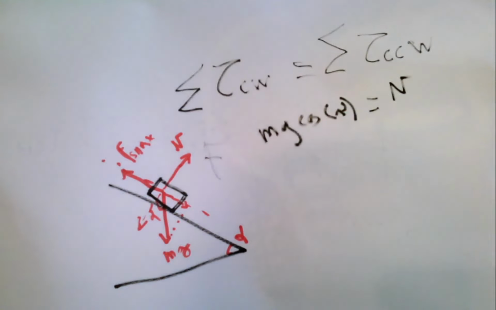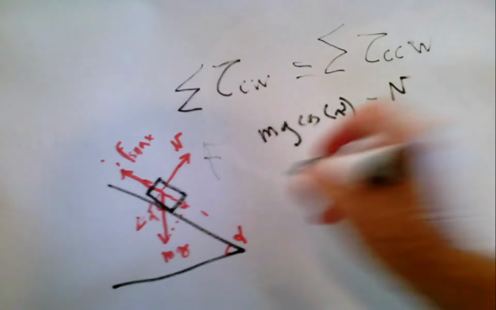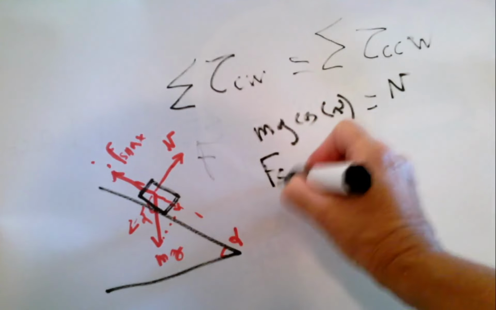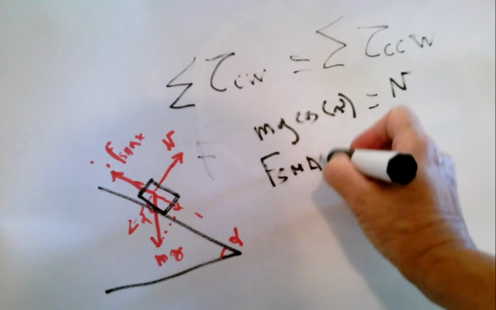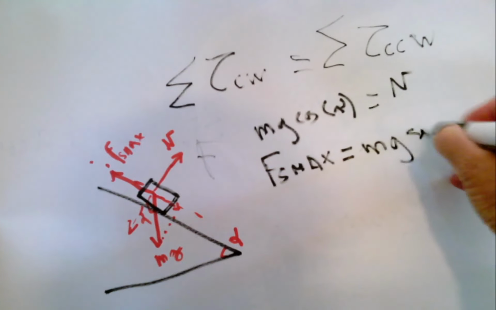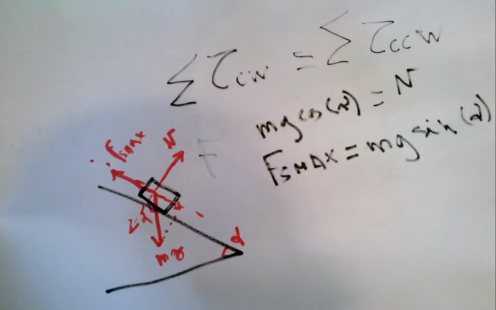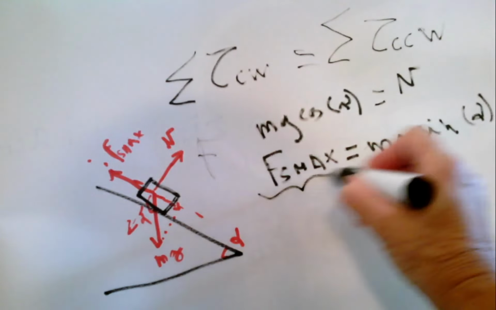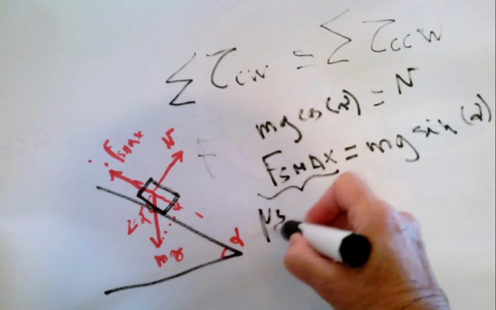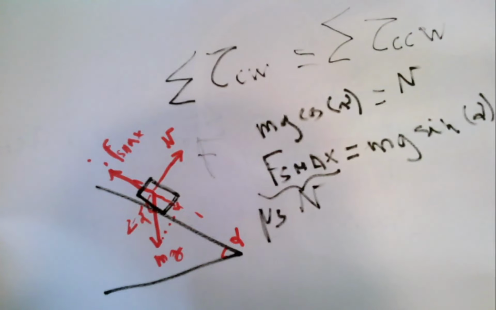That's always true. But when it's about to slide, you have that the maximum static friction equals the component of the weight along the inclined plane. And this equals the coefficient of static friction times the normal force.